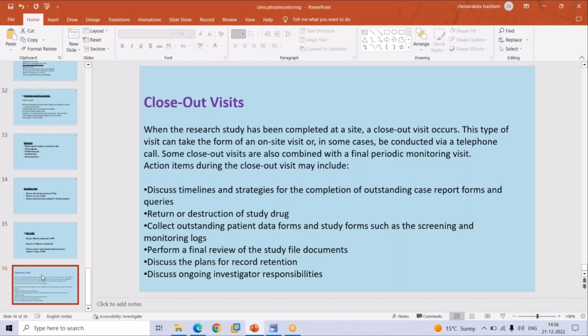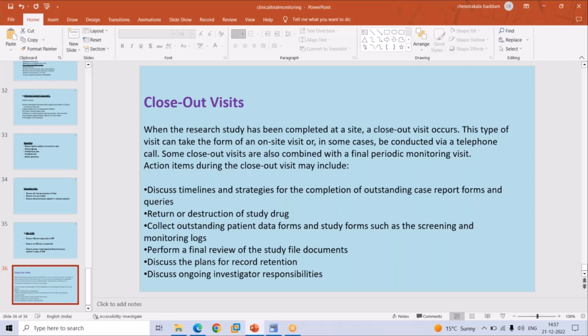When the research study has been completed at the site, a closeout visit will occur. This type of visit can take the form of an on-site visit, in some cases conducted via telephone. Some visits are also combined with the final periodic monitoring visit, the last monitoring visit.